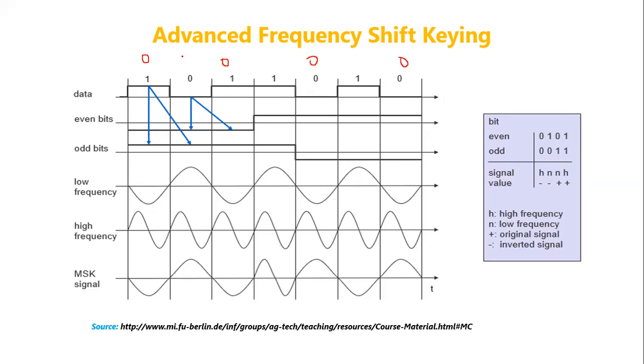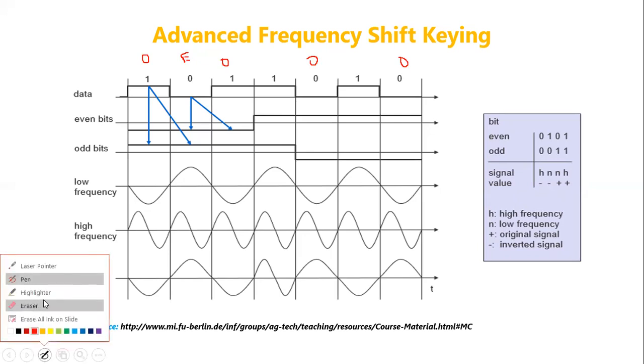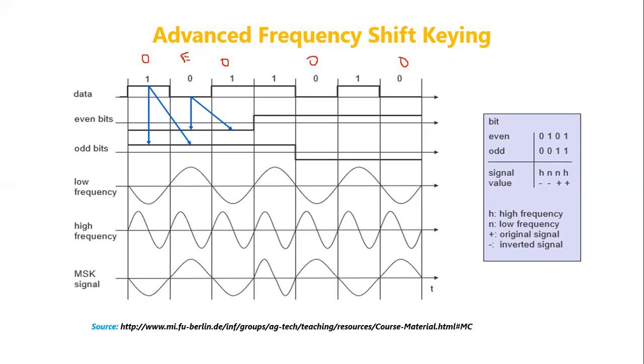I'll use a different color for even. This is an even bit, this is an even bit, and this is also an even bit. So first we'll separate odd bits and even bits.